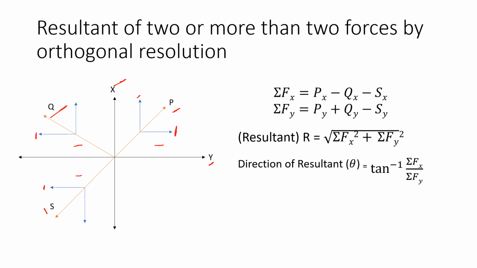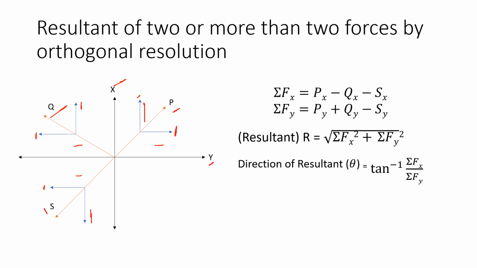Now summation Fy, we will take the algebraic sum of all forces along the y direction. First is Py, it will be an upward force, so it will be taken positive. Second is Qy, an upward force, taken positive. But in the last it will be Sy, it will be downward, so we have taken it negative.